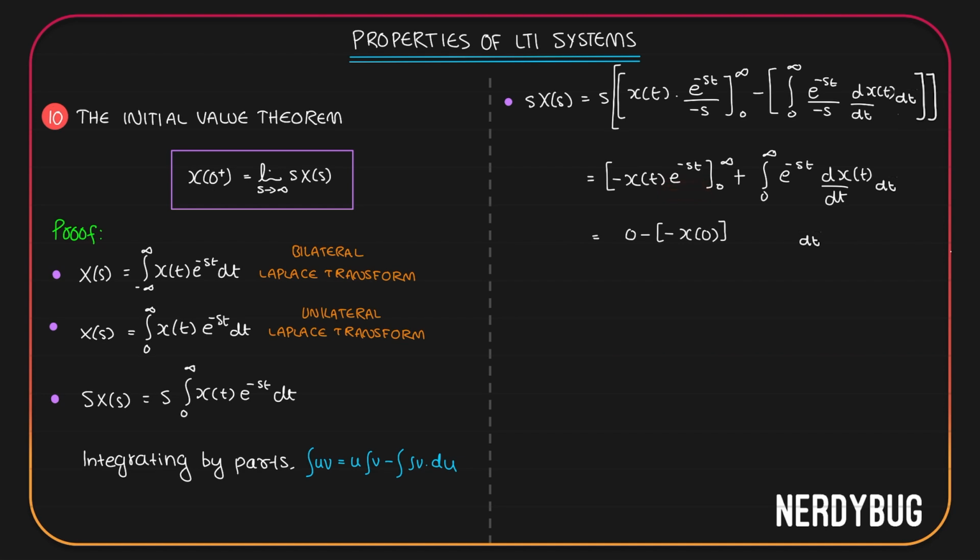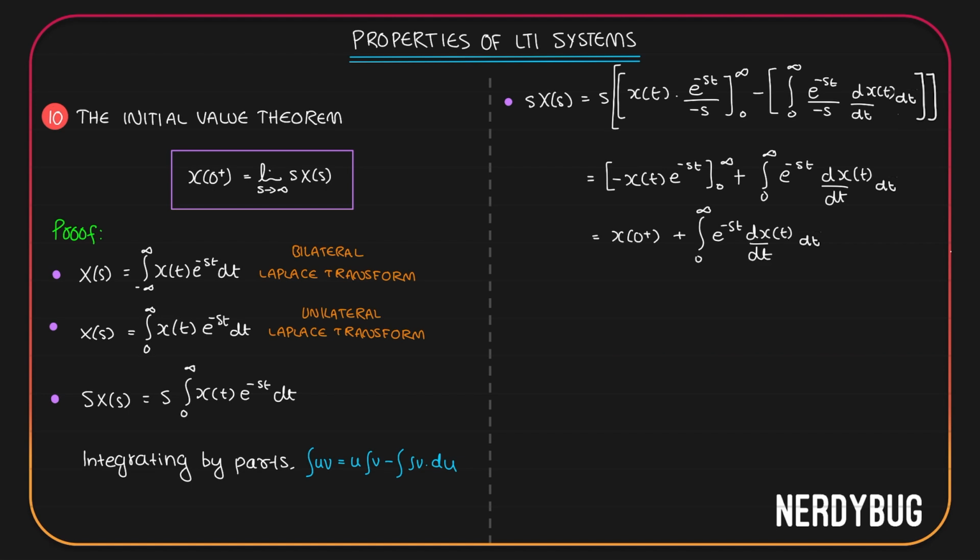So this term simply becomes x(0). Since the limit is between infinity to 0, we are coming from the positive side. So x(0) will be x(0+). The second term will remain as such, integral from 0 to infinity e raised to minus st dx(t)/dt.